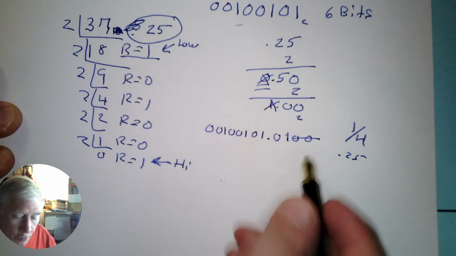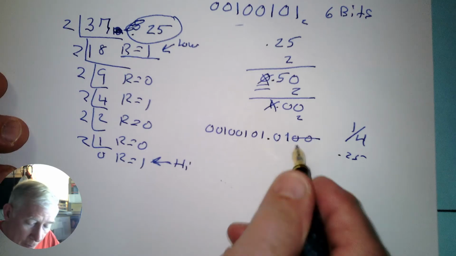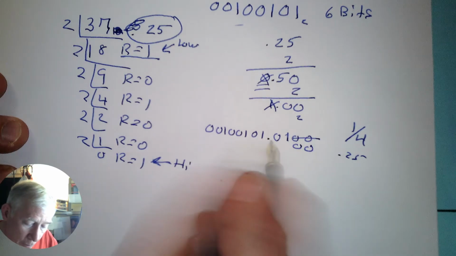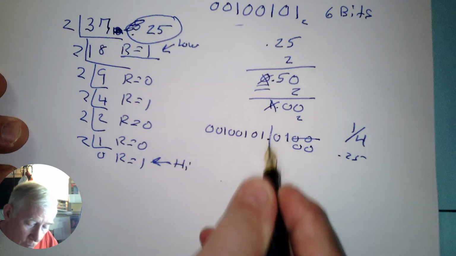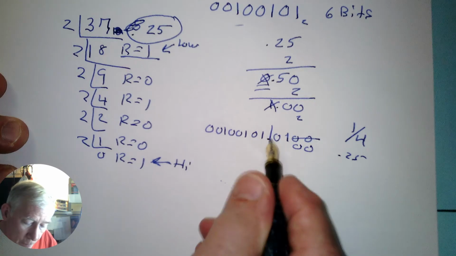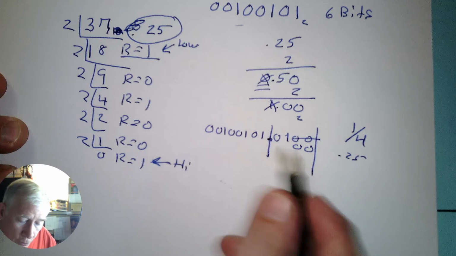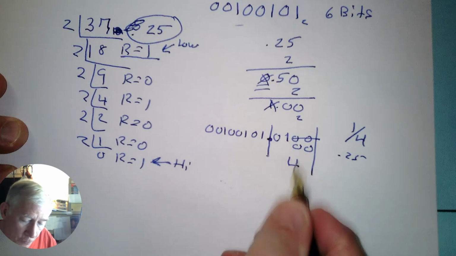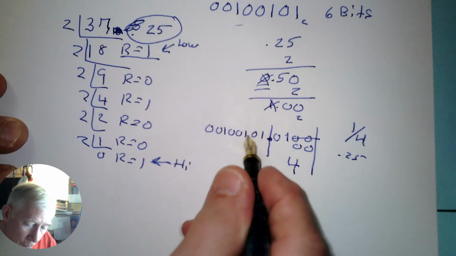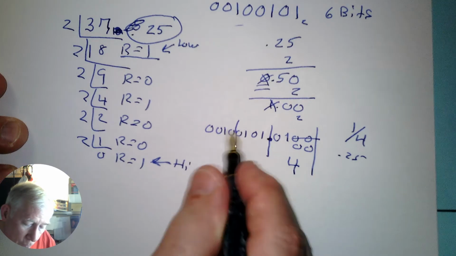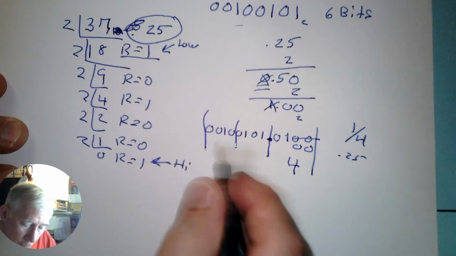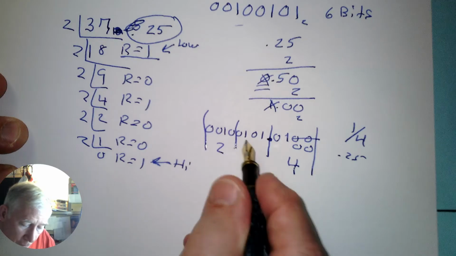Now, what if I wanted to convert this to a hex digit? Well, I'd pad out with zeros, just like that, in both directions, and I start at the point and count 1, 2, 3, 4, and draw a line. So what is that? This is hex 4, and then I go 1, 2, 3, 4, 1, 2, 3, 4. So this is hex 2, and this is hex 5.